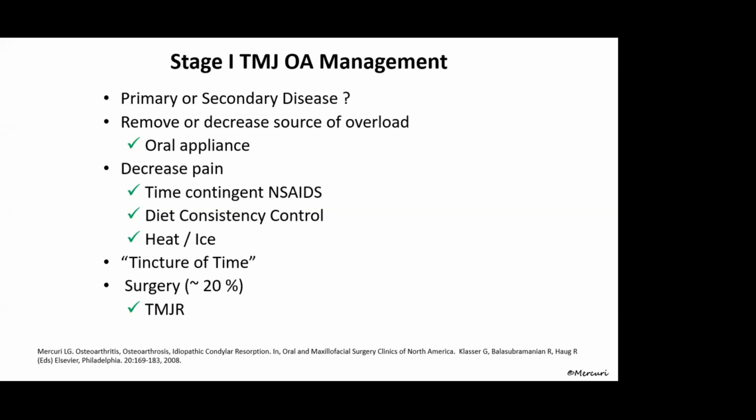as opposed to just taking them when you have pain. In this patient, we talked about diet consistency control, where we tell the patient, don't chew on hard things. If you like carrots and celery, boil them, make them softer. So a softer diet. And then the use of heat or ice to control the muscle spasm that accompanies any disease, any synovitis that is associated with the joint.